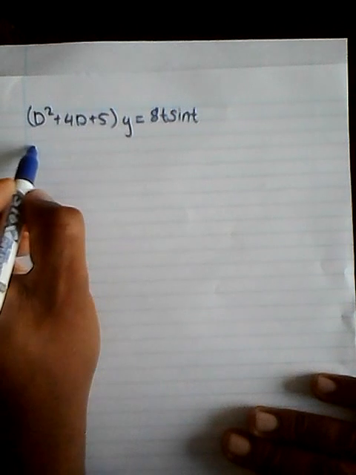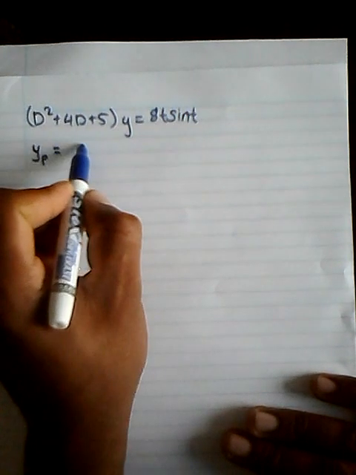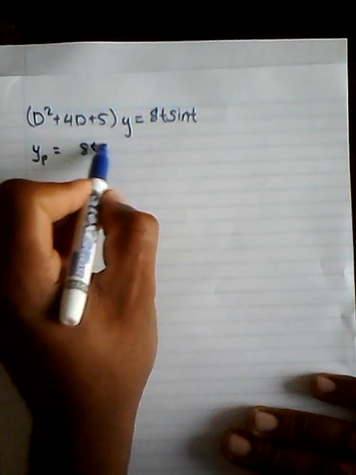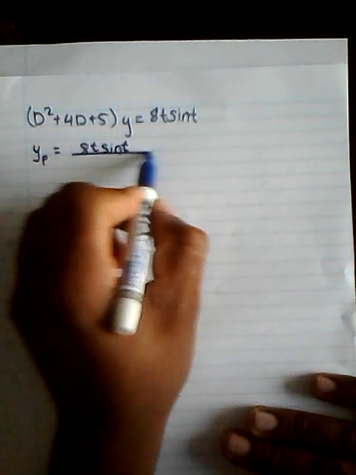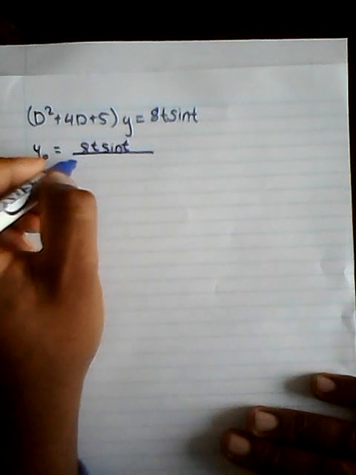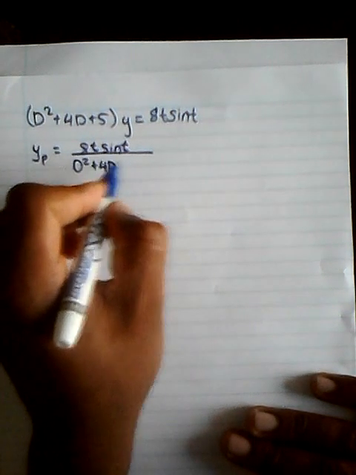Now we need to determine our particular solution. To do that, yp equals 8t sine of t divided by D squared plus 4D plus 5.